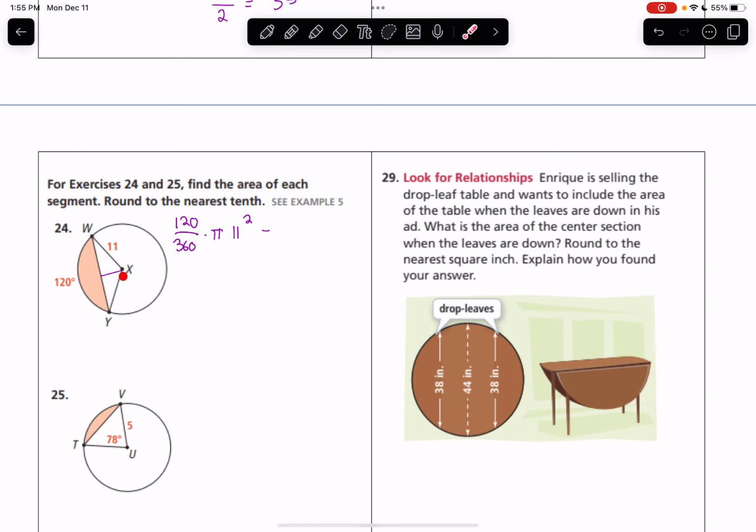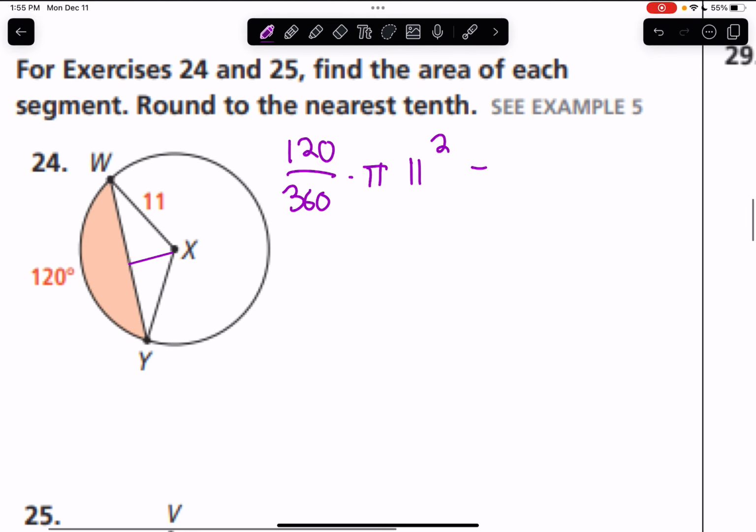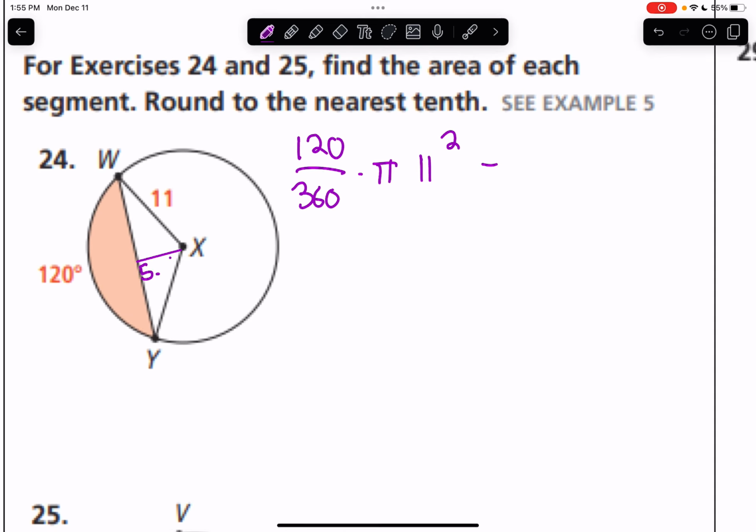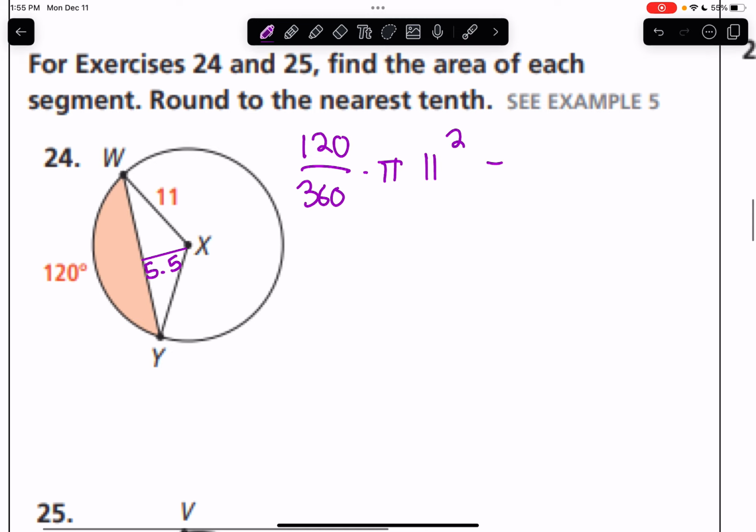And these are 30, 60, 90 triangles that have a hypotenuse of 11, which means they have a smallest side of 5.5. And that means that they have a medium length side of 5.5 root 3. Remember, I'm just using my special triangles.